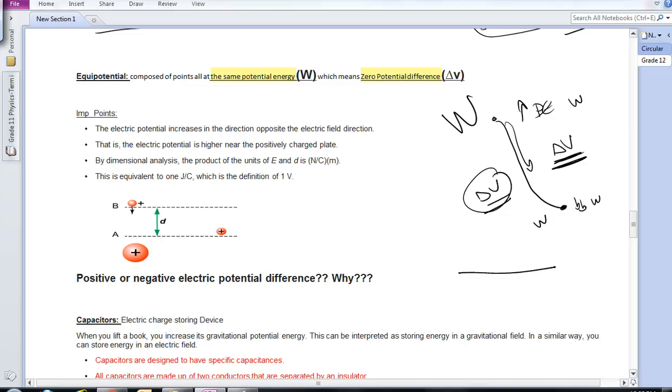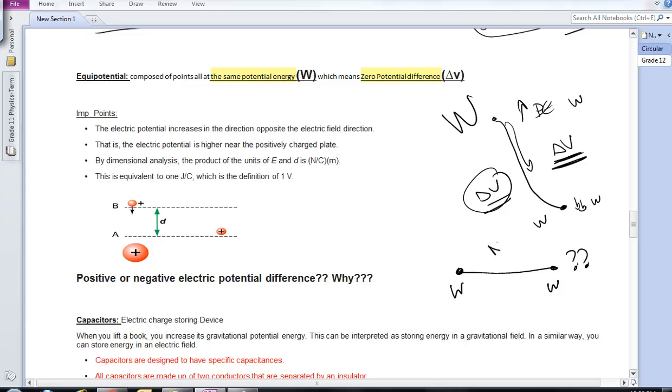But what if 2 points have the same W, the same amount of potential energy? Are we going to be able to move the electric charge between the 2 points? Think about that. Can we move a charge between 2 points that have the same potential energy?